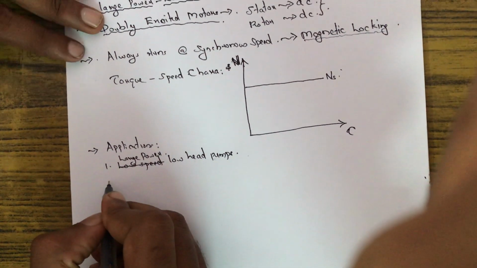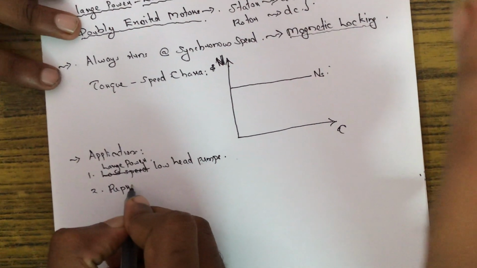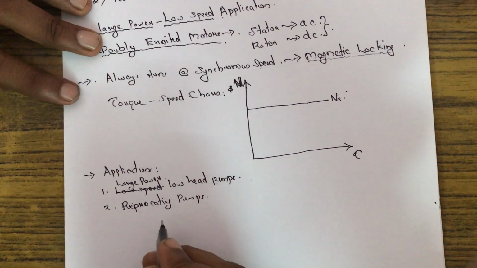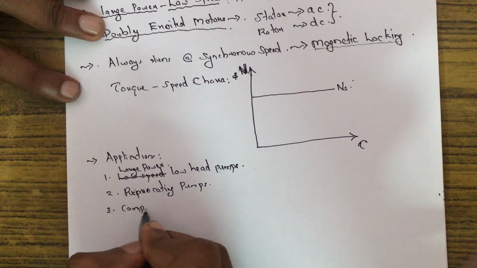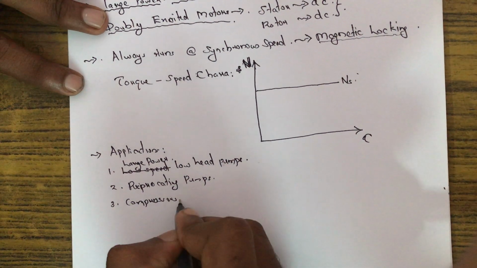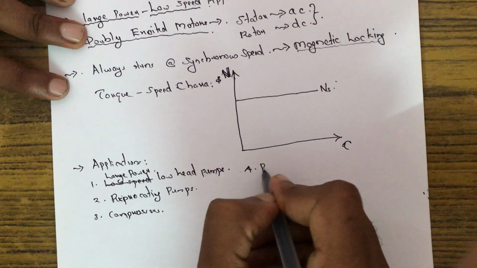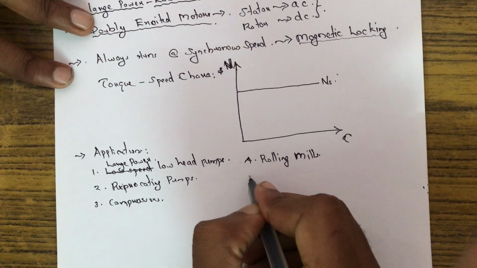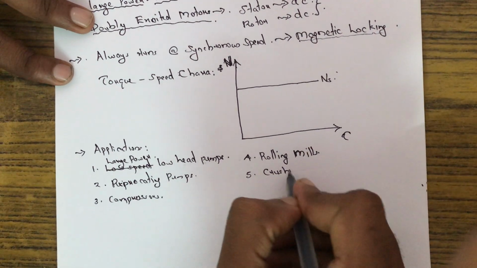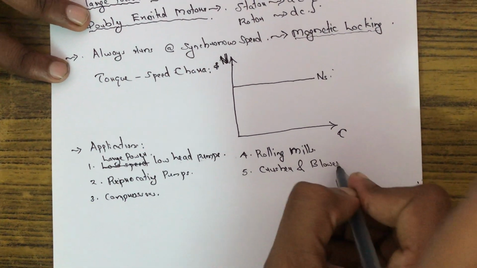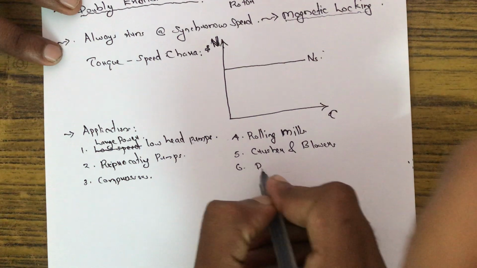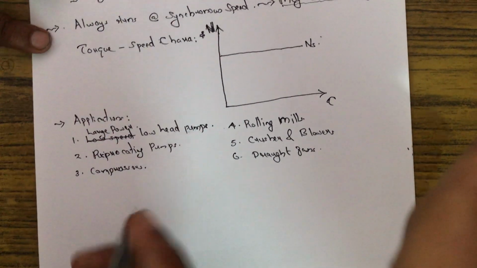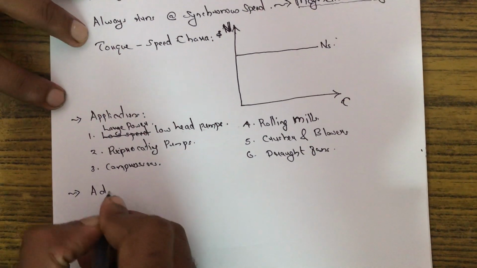Also reciprocating pumps, compressors, rolling mills, crushers and blowers, draft fans, etc.